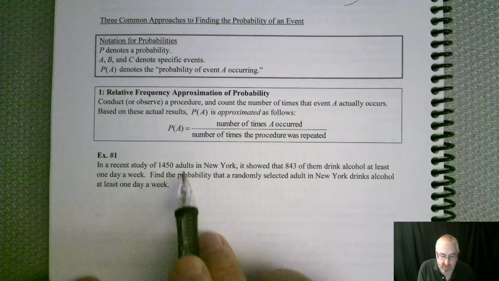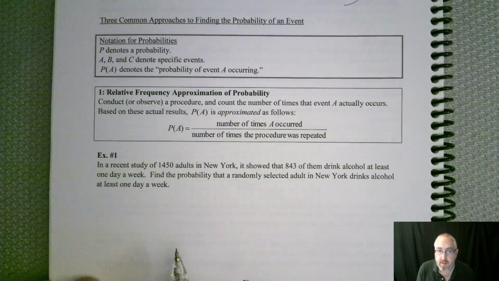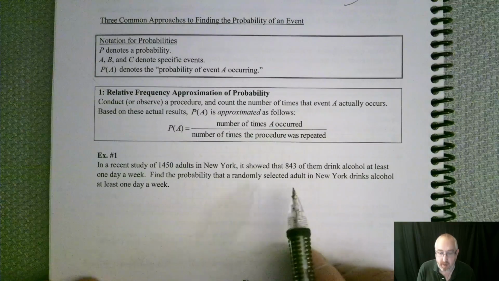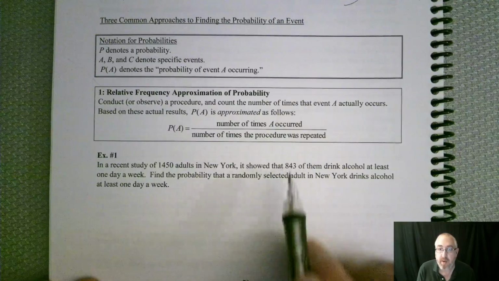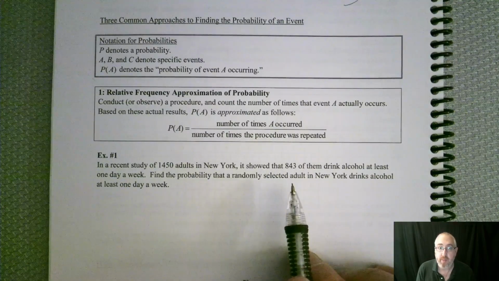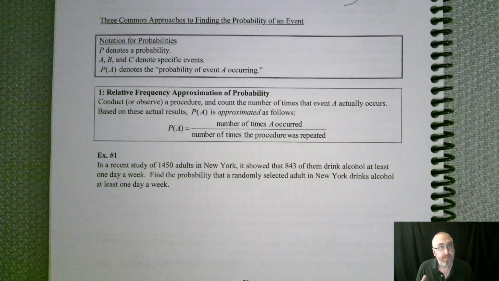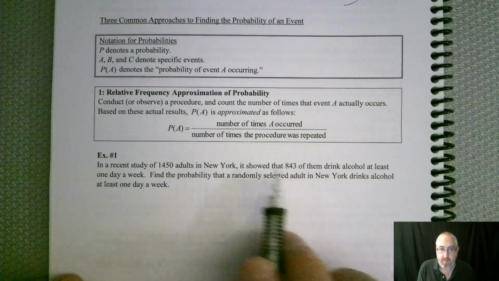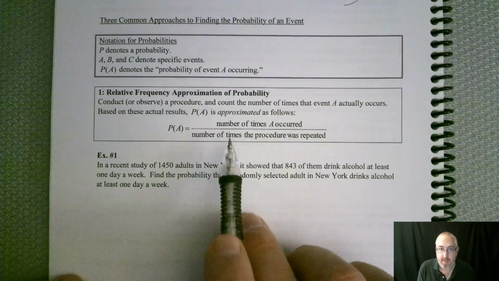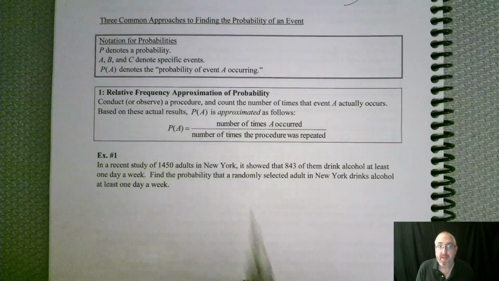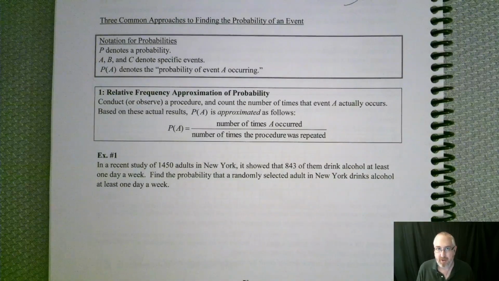We have a sample of 1,450 adults, and out of those 1,450 adults, 843 of them drink alcohol at least one day a week. So we're not going to be able to give the true probability in this case because we don't have all the data, but we can approximate it. This type of probability is working with sample information.